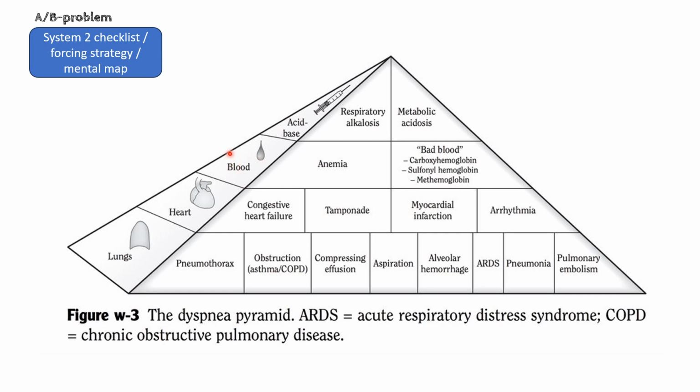That might have something to do with the blood because they're anemic, or they have some kind of methemoglobinemia, or carbon monoxide intoxication, or it may be that they're hypertachypneic because they have a diabetic ketoacidosis and they want to drive off their acids, right?